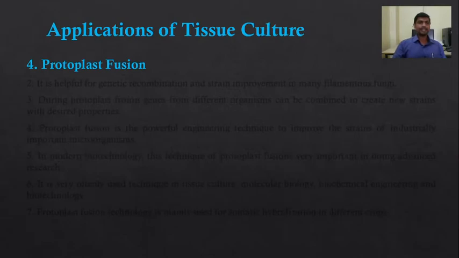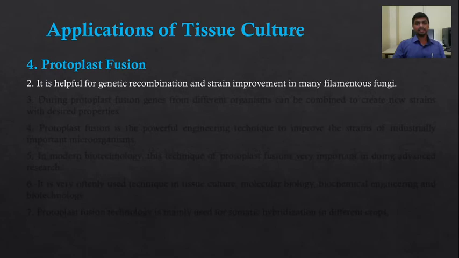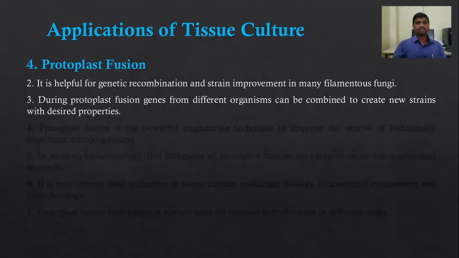Next advantage, it is helpful for genetic recombination and strain improvement in many filamentous fungi. During protoplast fusion, genes from different organisms can be combined to create new strains with desired properties. So here a hybridization experiment is carried out to combine characters or transfer characters from one plant species to another species.